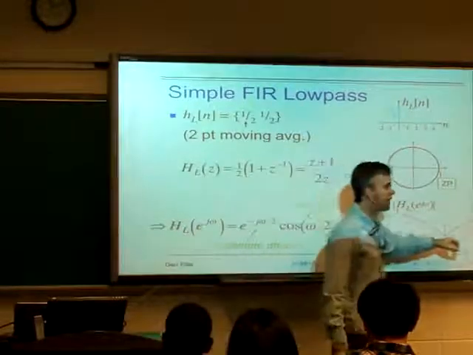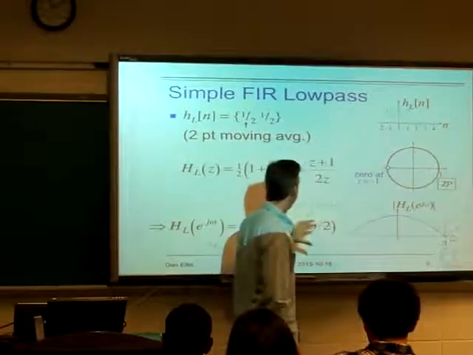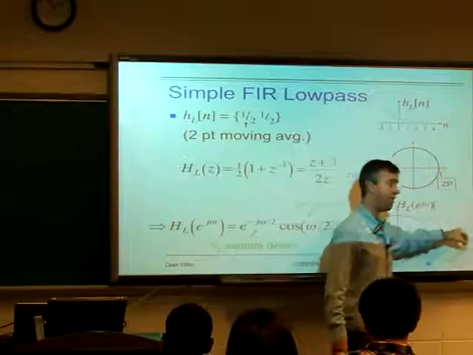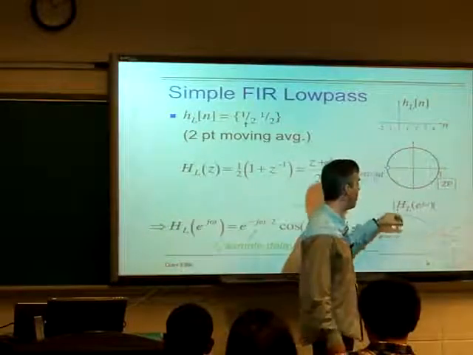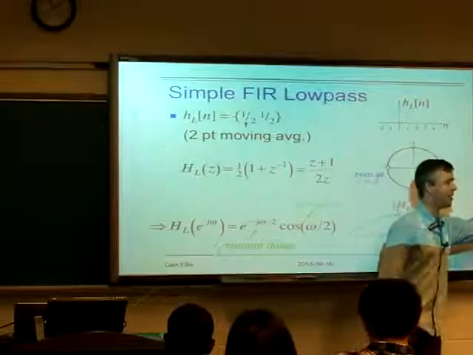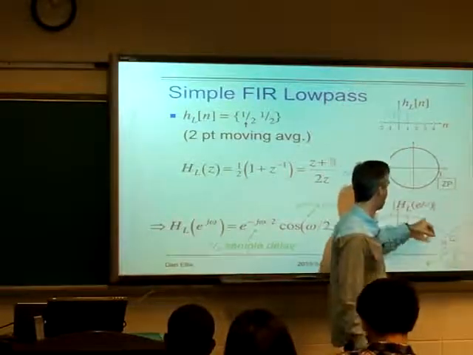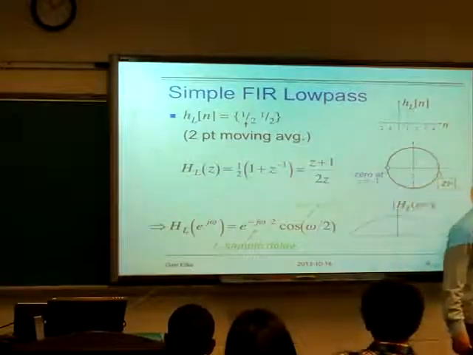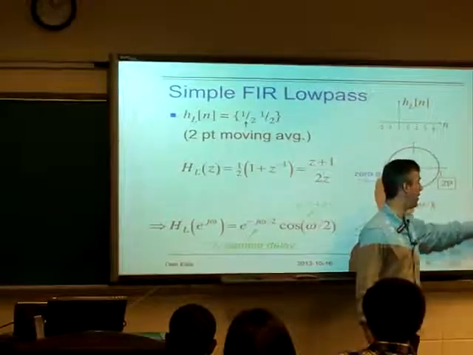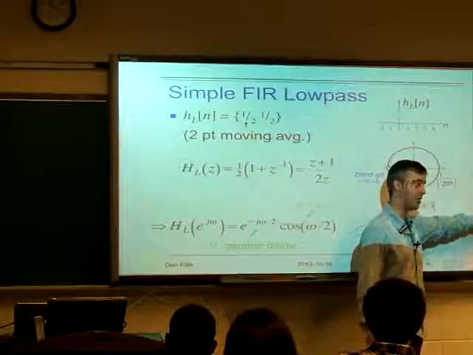But here you can see what's going on, because the magnitude response, at least, is the rectified version, the magnitude of cosine omega on 2. Okay, the cosine function is not going to get back to 1 until we get to 4 pi over here. But because it's rectified, by the time we get to 2 pi, when the cosine function is at minus 1, the magnitude of the cosine function is at 1.